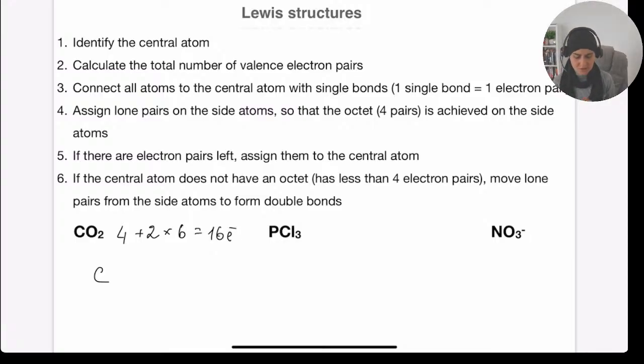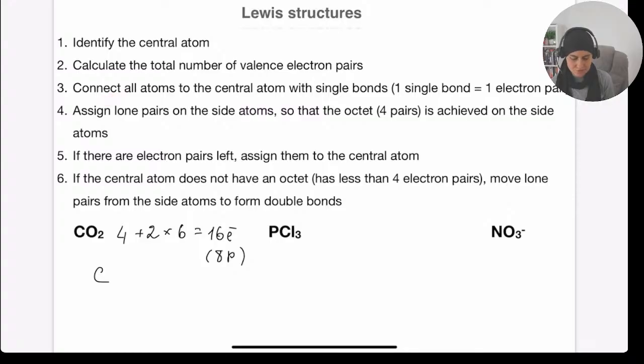No calculator, I can do this. If I convert it to pairs, one pair is 2 electrons, so it would be 8 pairs. You don't have to convert to pairs, but I like converting to pairs because then the numbers are slightly more manageable for a biologist brain. 8 pairs, that was step 2.